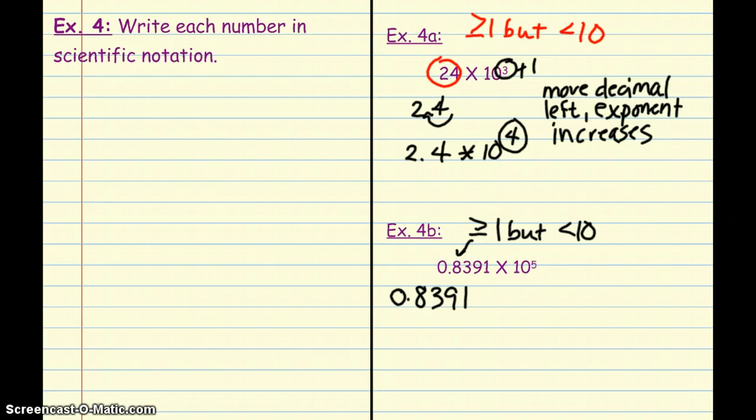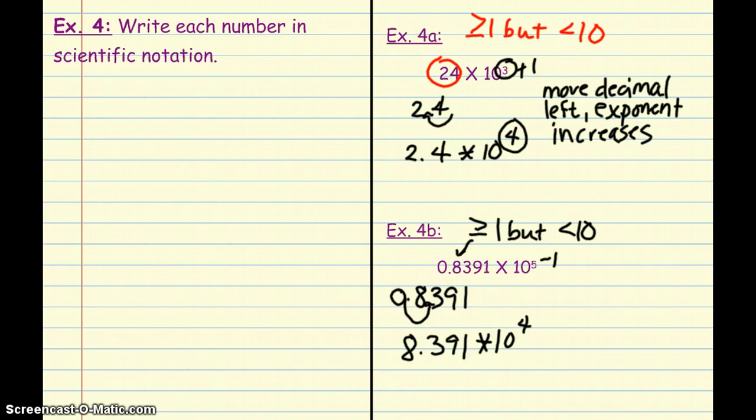Well, all we have to do is move this decimal over one place to the right-hand side, because now we've made that number 8.391. Now up above, we moved that decimal to the left, so it increases that many. And in this case, we move this decimal to the right, so what's going to happen? It's going to go down 1. So we have times 10 to the 4th power.